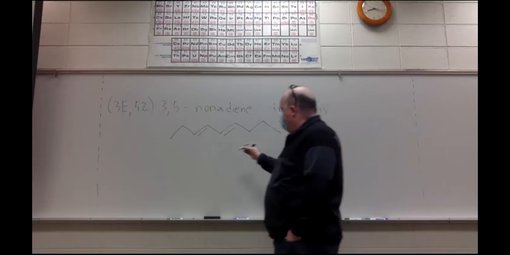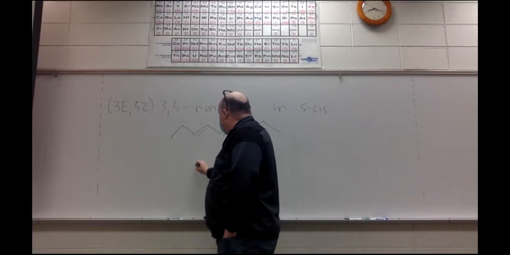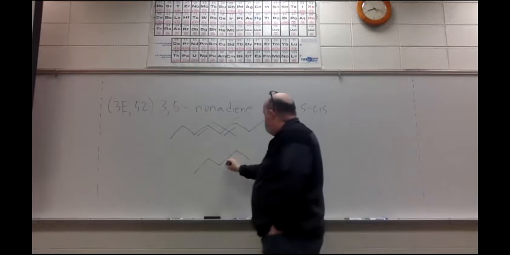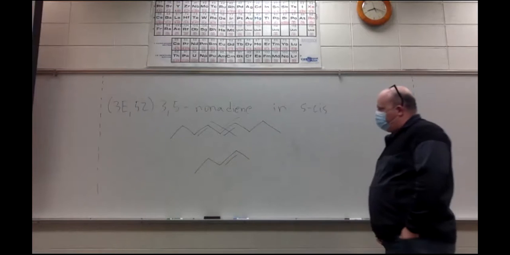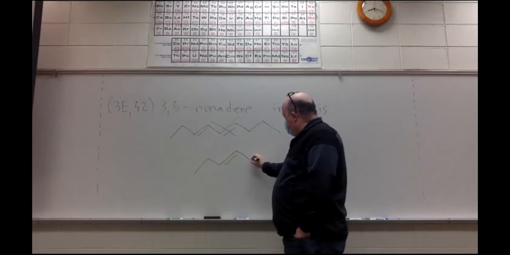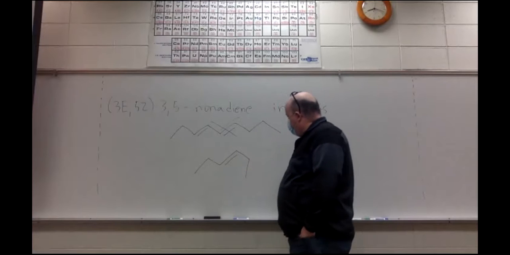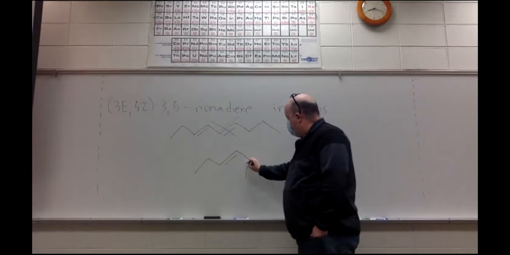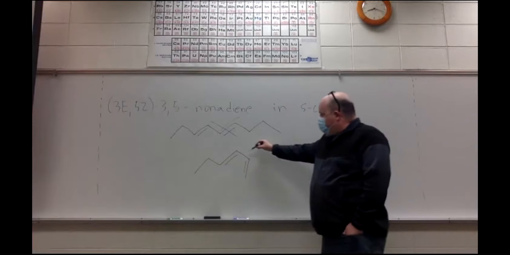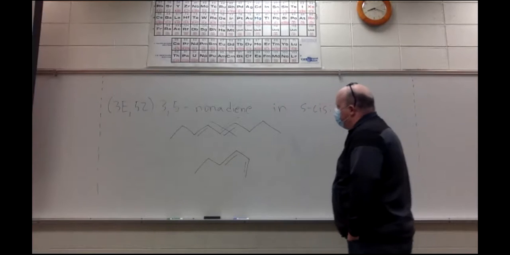So I'm going to go back and redraw this. I know I've got this part right, so I want to leave that the same. I need to make this S-cis, so I'm going to draw this next bond coming that direction instead. Now I've got the S-cis relationship.